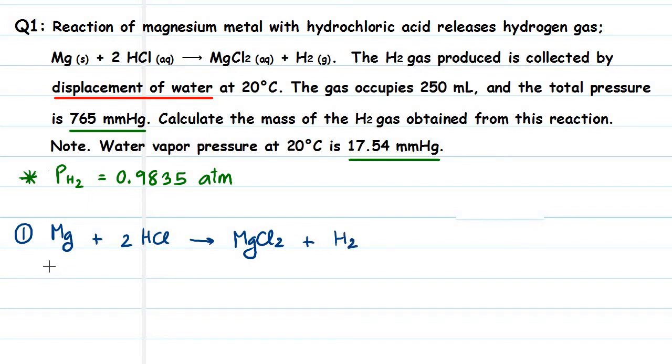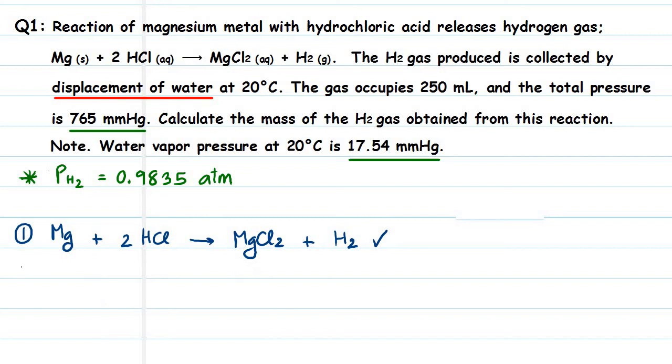Normally a way to do it is to list all the elements on the left and also the same elements on the right. And we can see that on the left we have 1 magnesium, 2 hydrogen and 2 chlorine. And on the right we have 1 magnesium from magnesium chloride, 2 hydrogen from hydrogen gas, and 2 chlorine from magnesium chloride. So all the elements match. So this one is balanced.